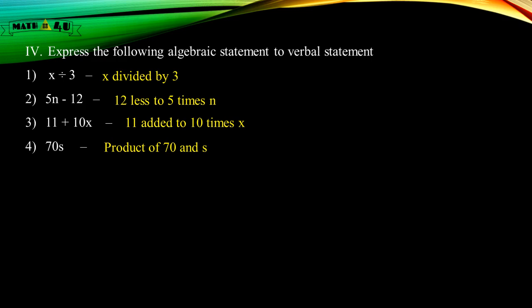So, 5n minus 12 can be written as 12 less than 5 times n. Next, 11 plus 10x. 10x can be written as 10 times x. So, 11 plus 10x is 11 added to 10 times x. 70s. Product of 70 and s.